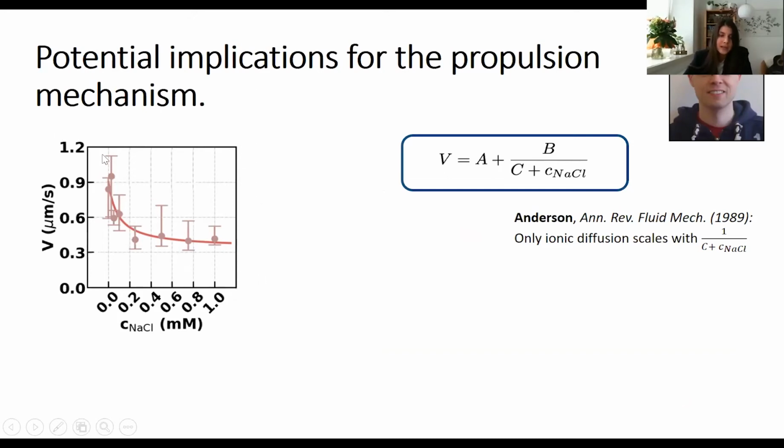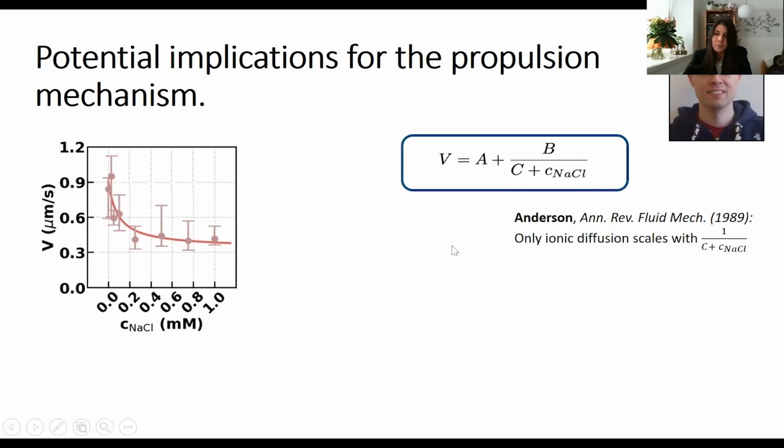Now, we can capture this decreasing trend in our data by fitting it with this expression that I show here on the right. This is work done by our collaborator. So what we propose, based on Anderson and the types of self-phoretic mechanisms described in this famous article, is that only ionic diffusiophoresis scales in this way.